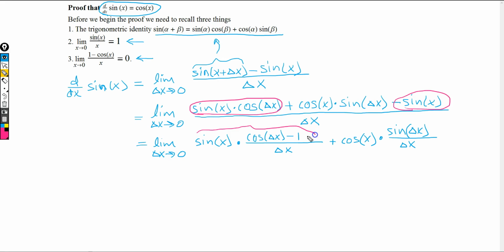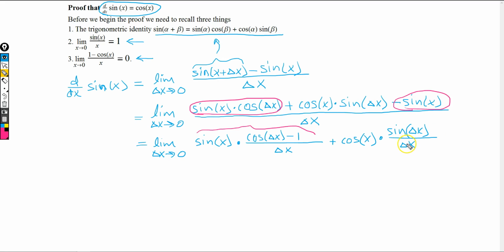Notice I have the sine x factored out, so if I multiplied the sine x back in, I'd get sine x times cosine delta x minus sine of x, all of that over delta x. And then this term right here, I have cosine x times sine delta x over delta x, and that is right here. We just pulled the cosine out in front of this fraction.